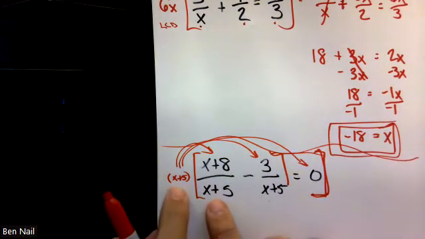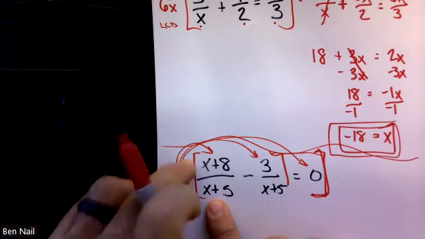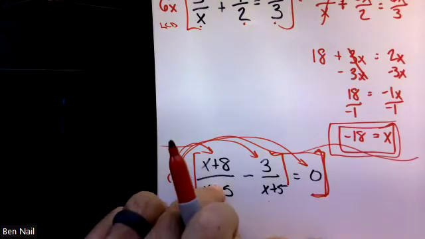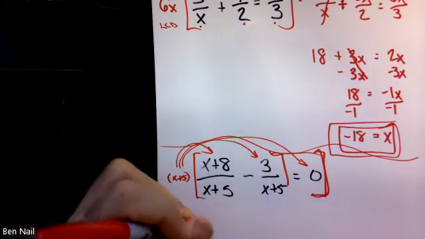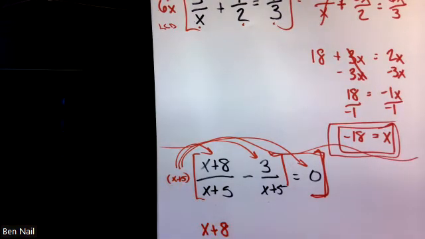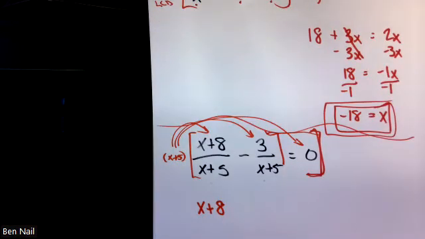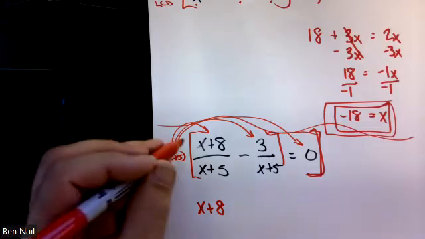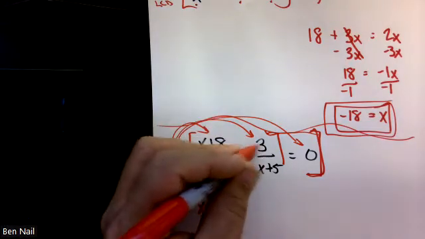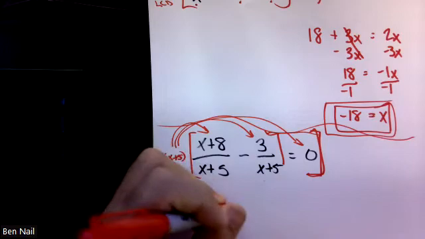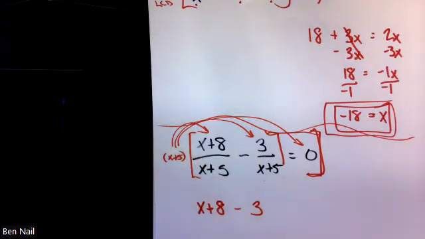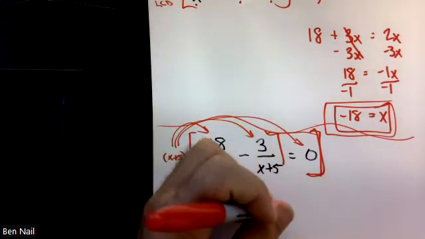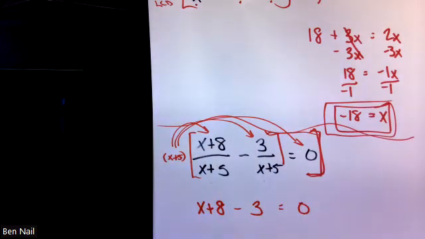So if I multiply here, you're going to have an x plus 5 on the top and an x plus 5 on the bottom. So those are going to cancel, leaving me with just the x plus 8. Same, if I multiply here, I'm going to have a negative 3 times an x plus 5 over x plus 5, so the only thing left is that negative 3. Anything times 0 is 0.